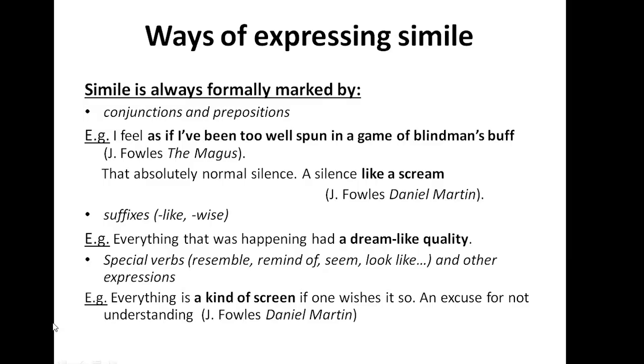Suffixes like -like and -wise. For example, everything that was happening had a dream-like quality. Special verbs: resemble, remind of, seem, look like, and other expressions. Everything is a kind of scream, if one wishes it, so an excuse for not understanding.